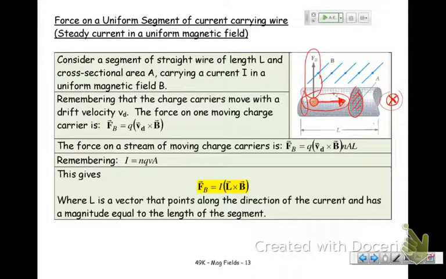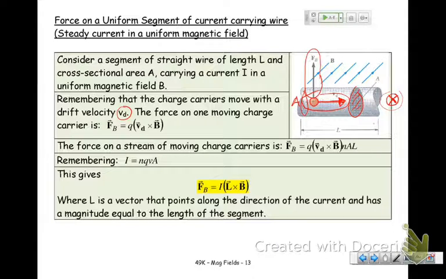Okay? And so we say, consider a segment of straight wire of length L, so there's my length, and cross-sectional area A, that's at the end, carrying a current I in a uniform magnetic field B. Remember that the charge carriers move with a drift velocity, and the force on one moving charge must be QV cross B, where V is the drift velocity.